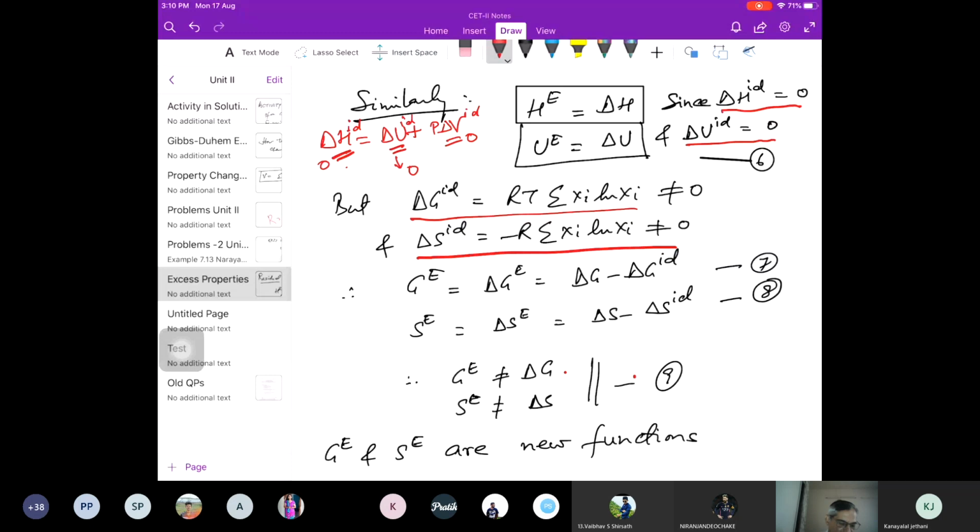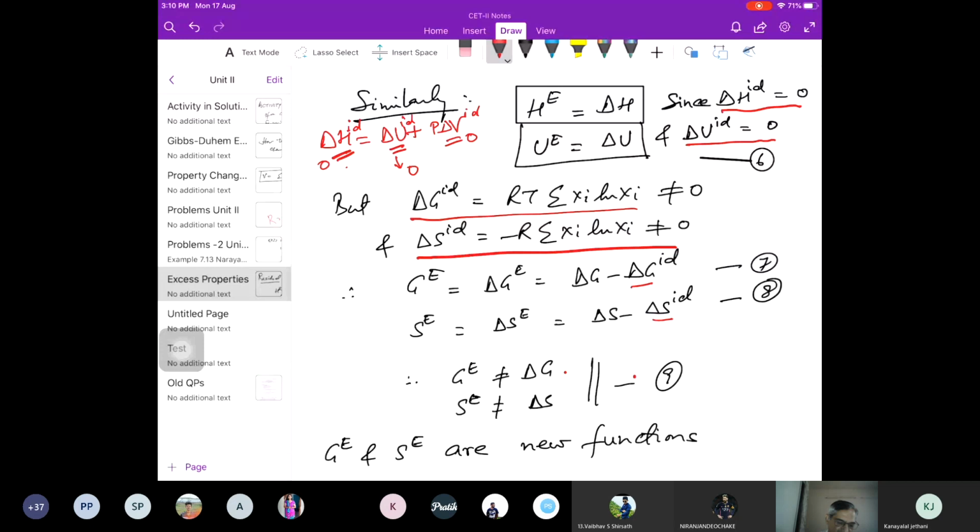Right? So we can write G xs, which is delta G xs, is equal to delta G minus delta G ideal. And S xs, which is delta S xs, is equal to delta S minus delta S ideal. Right? But this term, delta G, is not equal to 0, and delta S is also not equal to 0.